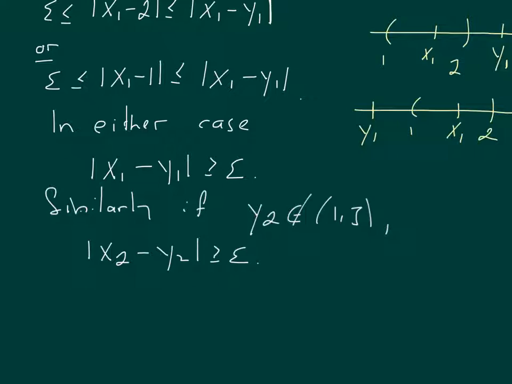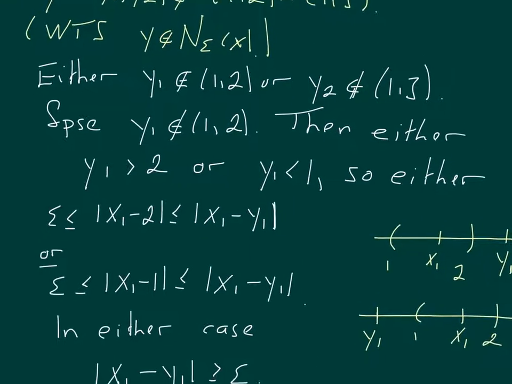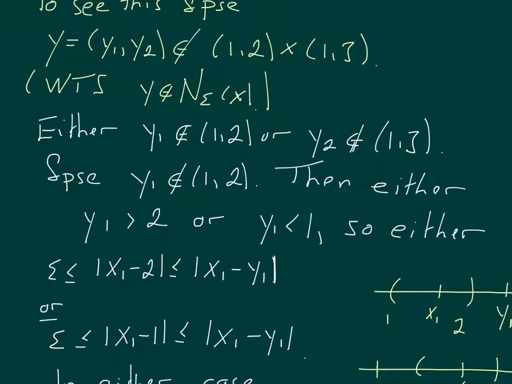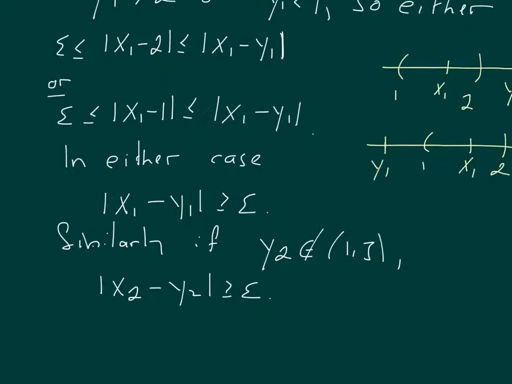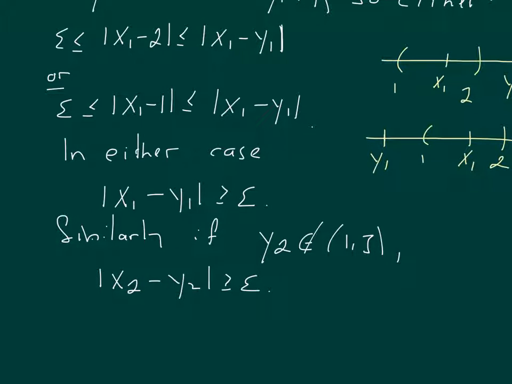All right, so what have we shown? Well, we have shown that if y is not in this interval, then either this is true or this is true.